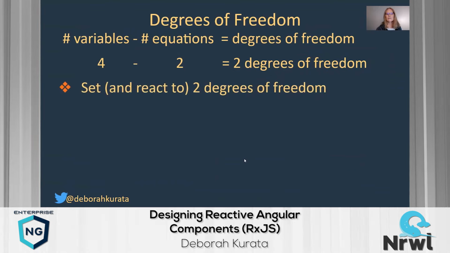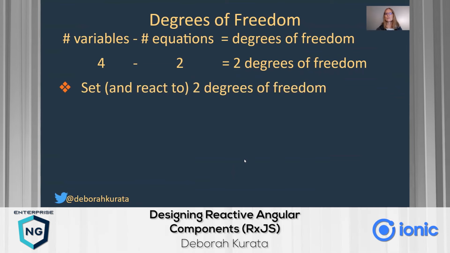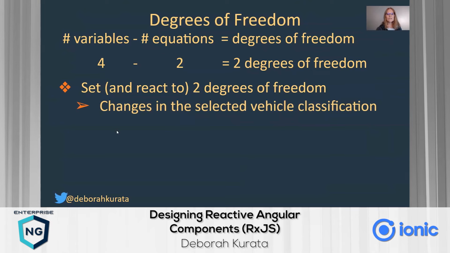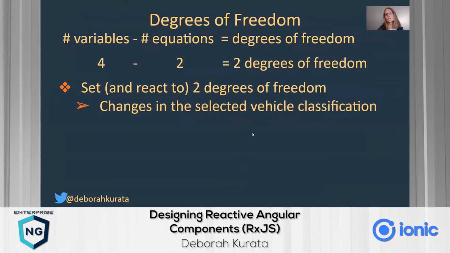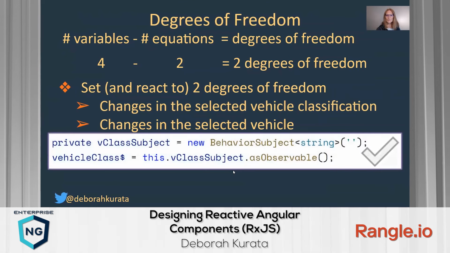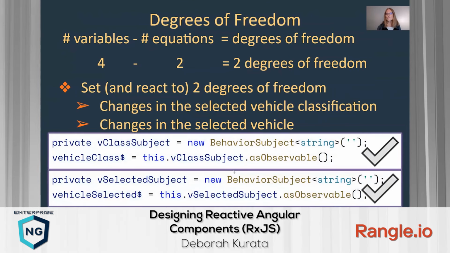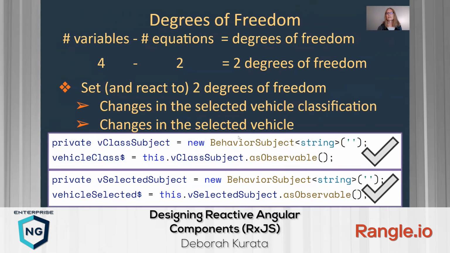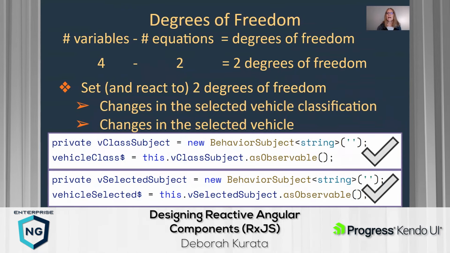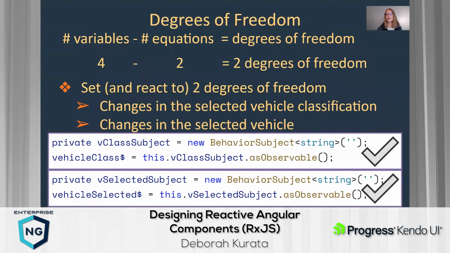So our application can set and react to those degrees of freedom. In our example, it's changes in the selected vehicle classification and changes in the selected vehicle, which maps to our 2 behavior subjects. So we can confirm that our vehicle list and vehicle detail have 2 degrees of freedom defined by these behavior subjects.